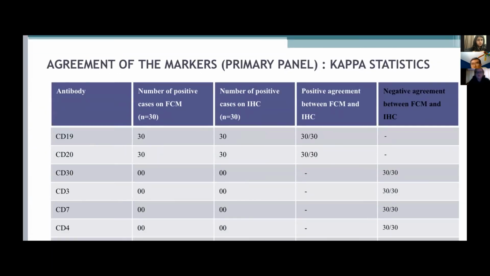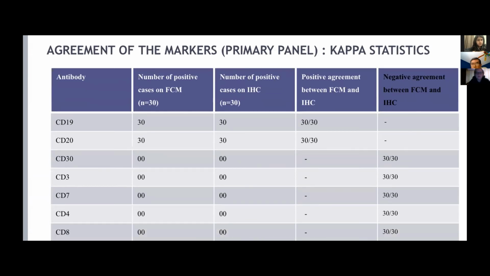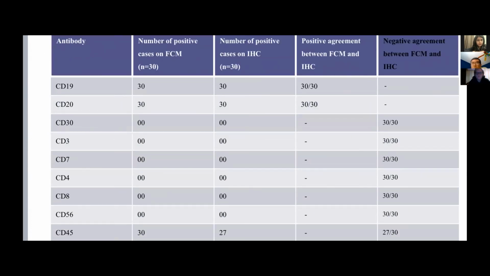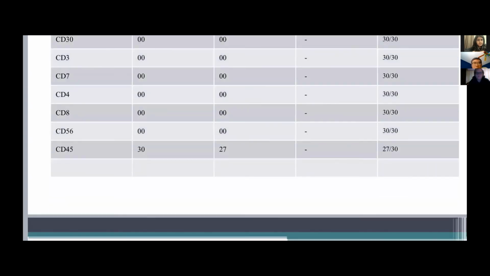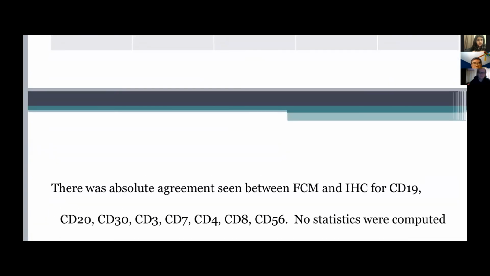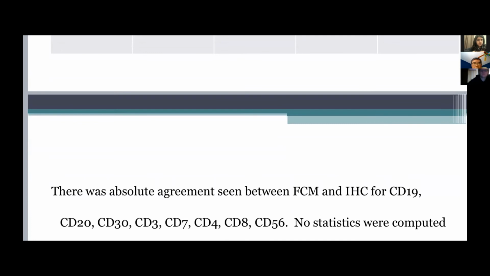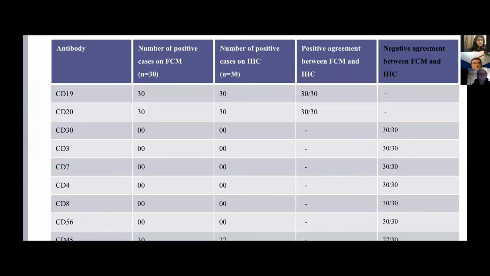Okay. Next, for all the markers that we used in flow cytometry and IHC, percentage agreement was seen and kappa statistics were applied. There was absolute agreement between flow and IHC for all these markers: CD19, CD20, CD3, CD7, CD4, CD8, CD56, and CD45.